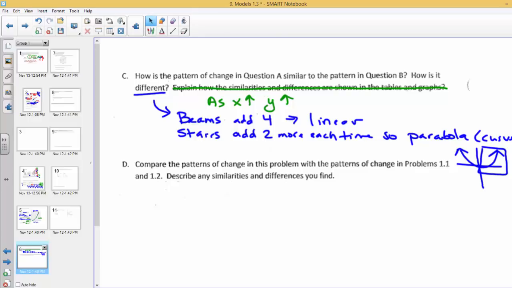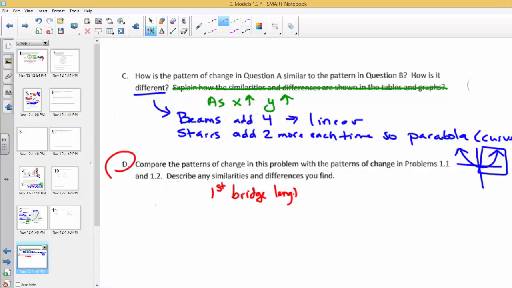In letter D, this is talking about the bridge breaking that we did. The first bridge was with thickness. So the first bridge break with thickness was linear, just like the beams.